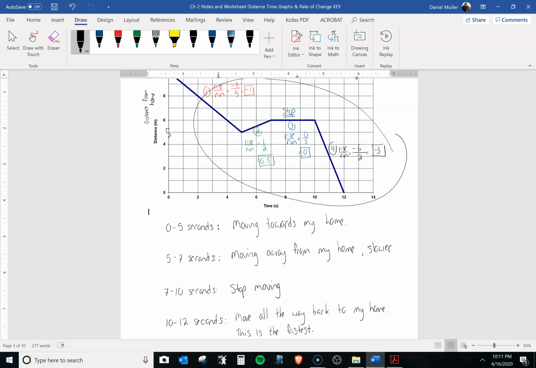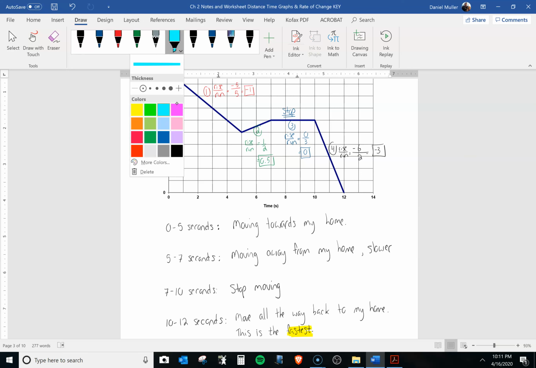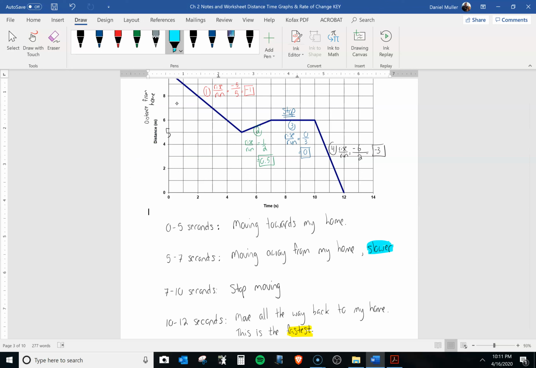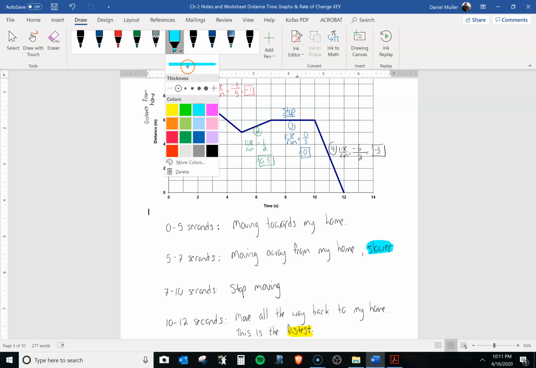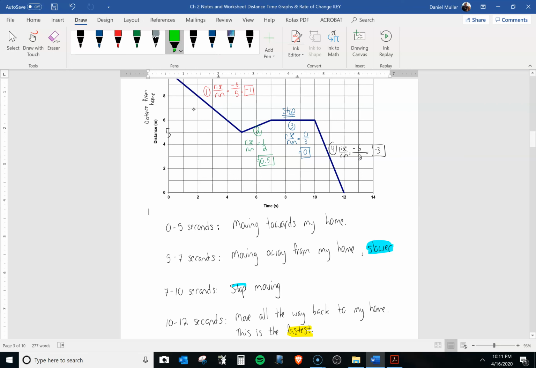So I would need to see all 4 slopes, and then for every section, just a little sentence. Are you moving towards the home? Are you moving away from the home? Are you moving towards something or away from something? Are you stopped? When is it the fastest? I've indicated that this one is the fastest. I've also indicated here that I'm going a little bit slower than I was the first time. And then of course, it's really clear, but I've indicated here that I've stopped. So keep all of that in mind.